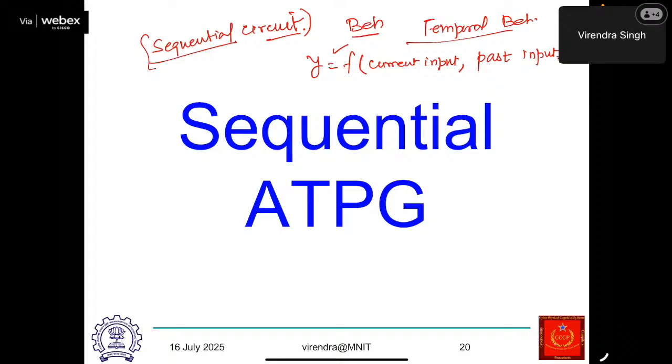For example, in the vending machine, whether you have received 5 rupees, or 10 rupees, or 20 rupees. So what are the distinct values that you can receive, and based on that you can define the different system states.